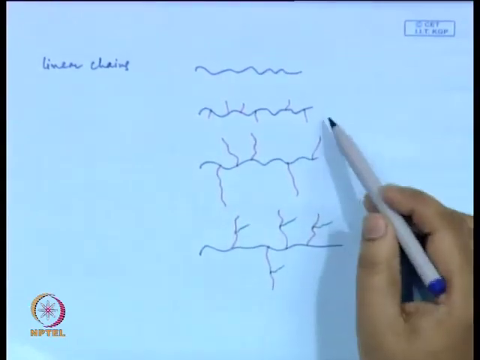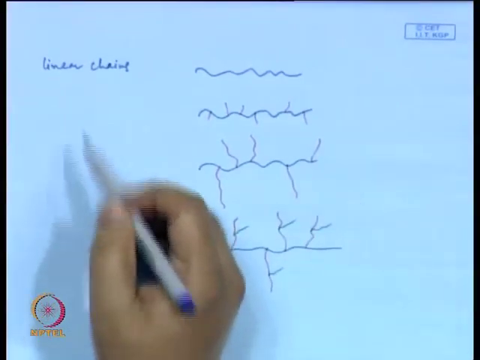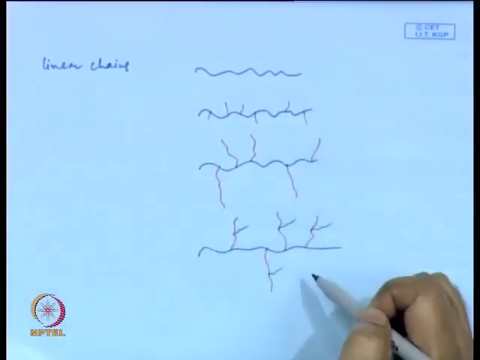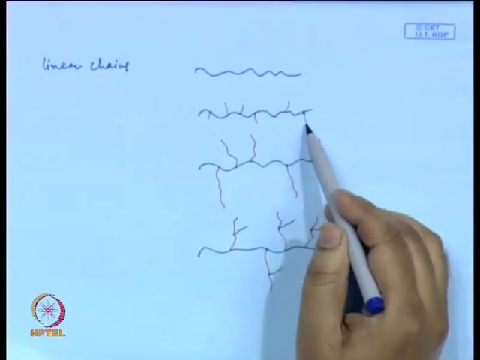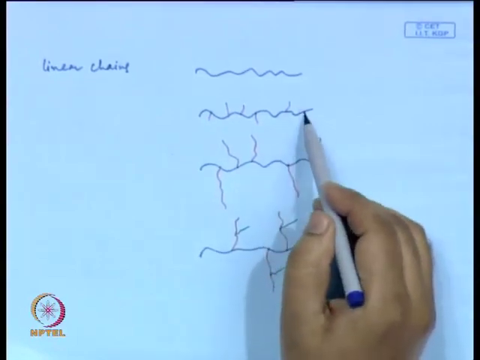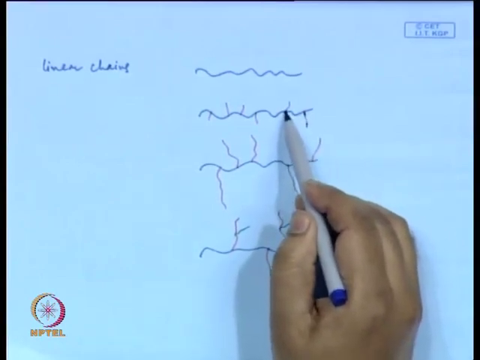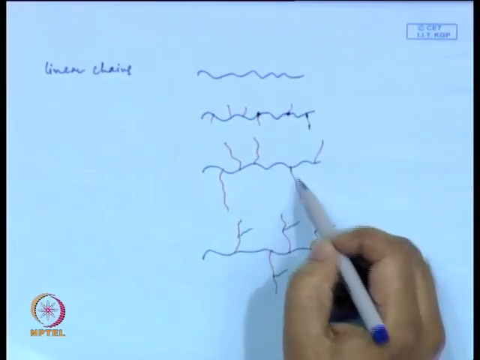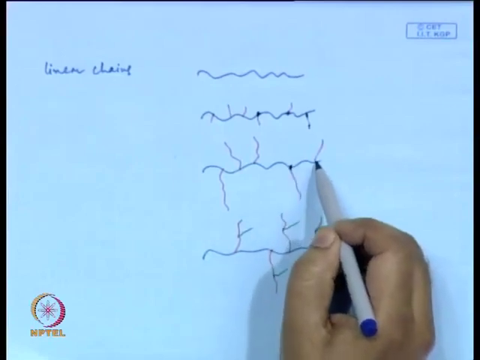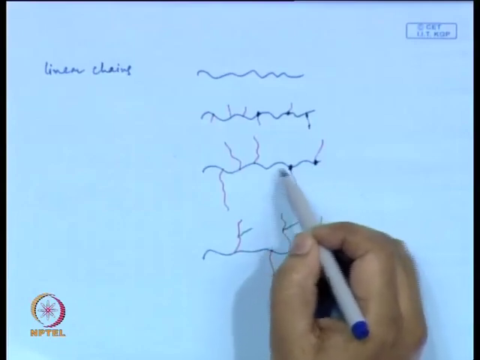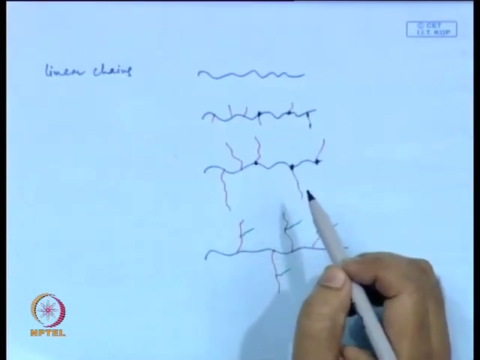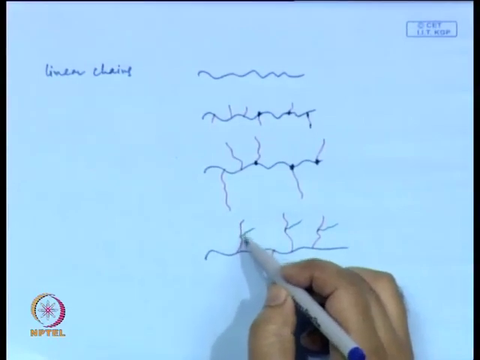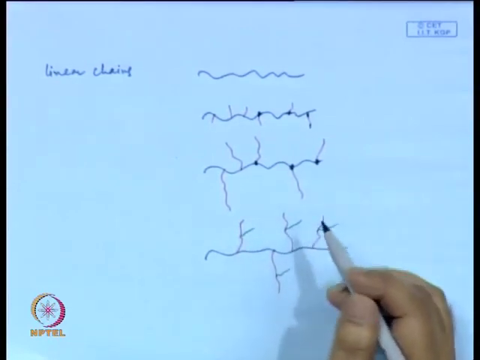Now, all of these three are called branched chain polymers. The main difference is, in this case, the length of the branches is much smaller compared to the length between two branching points, whereas in this case the length of the individual branches is comparable to the length between two branching points, and in this case branches also have sub branches.